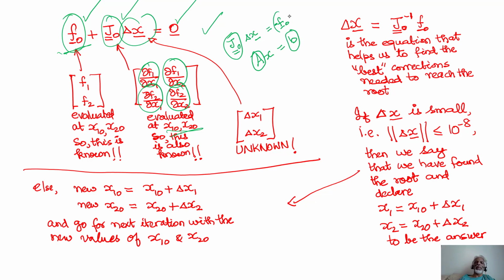Now B is nothing but minus f naught, the function vector evaluated at the current values of x1, x2, etc. Right? So the unknown there was x. Here the unknown in this particular formulation, the Newton formulation, is the correction vector delta x. So that is why matrix operations and solution of linear equations are very important, because in the solution of nonlinear algebraic equations, as we are seeing here, because of the strategy that we employed to solve the problem, we have to solve a linear problem at every iteration.